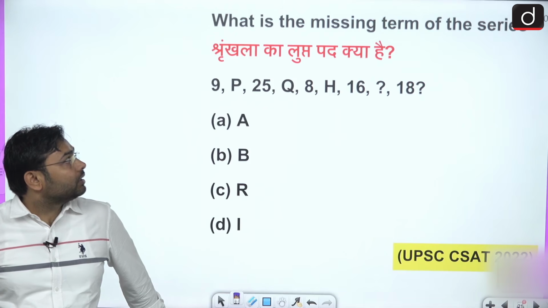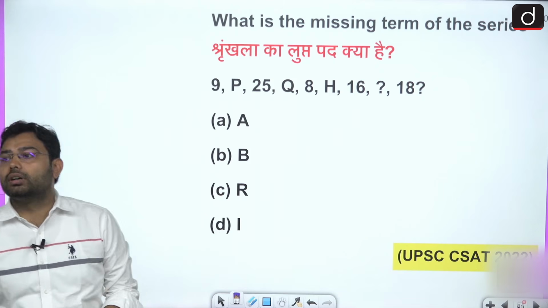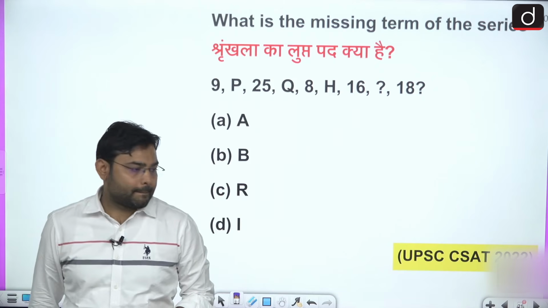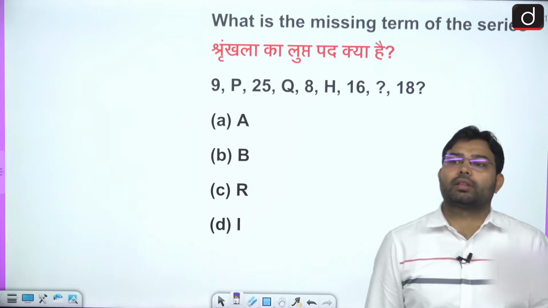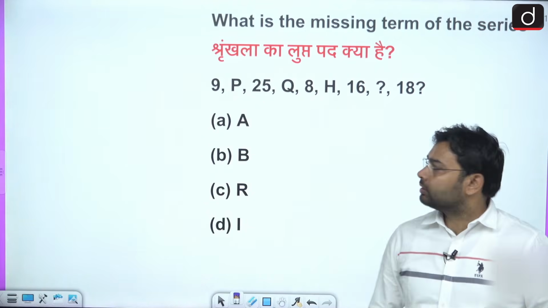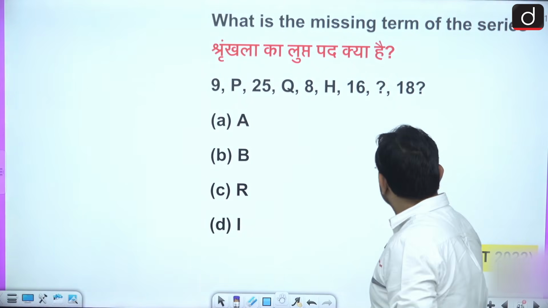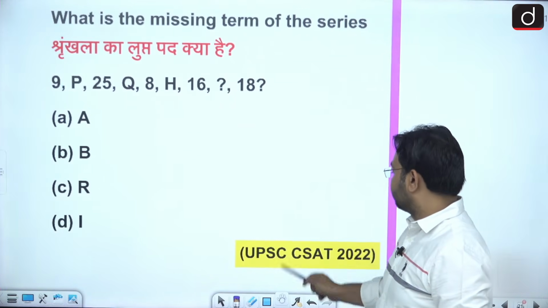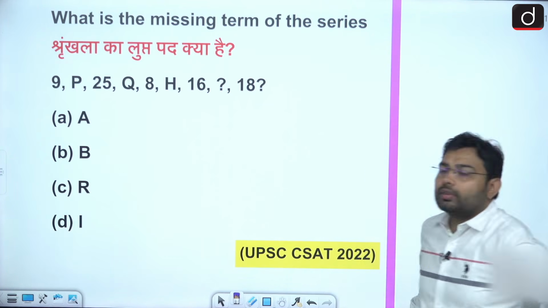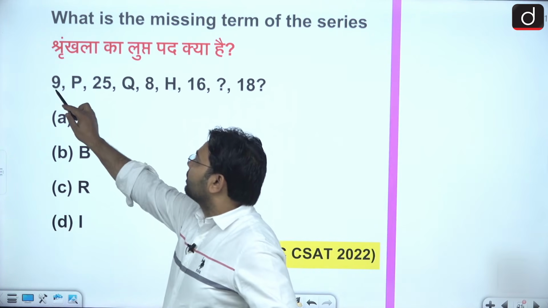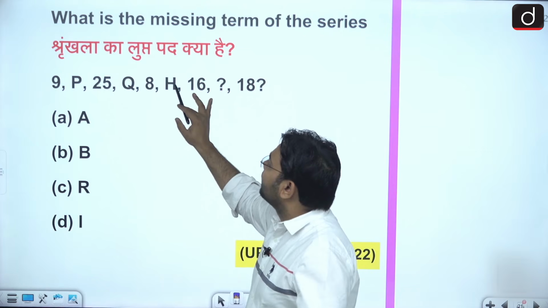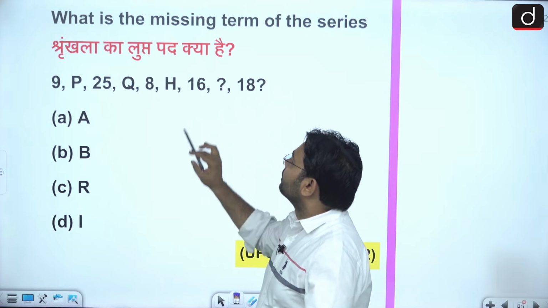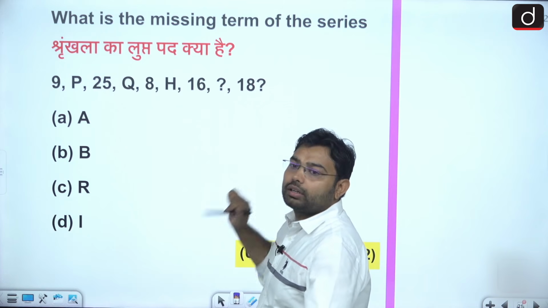What is in place of the question mark, or you can say, what is the missing term of the series? Focus on this: 9P, 25, then Q, 8, H, then 16, question mark, and 18.